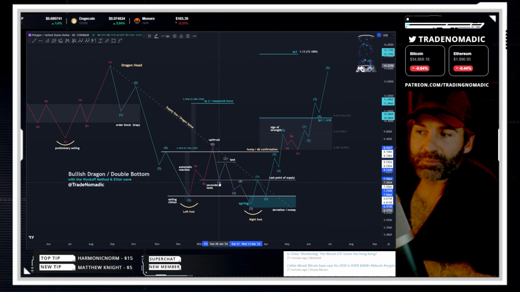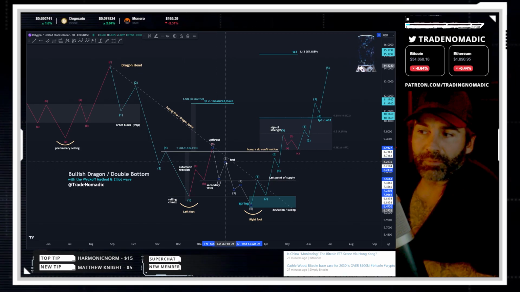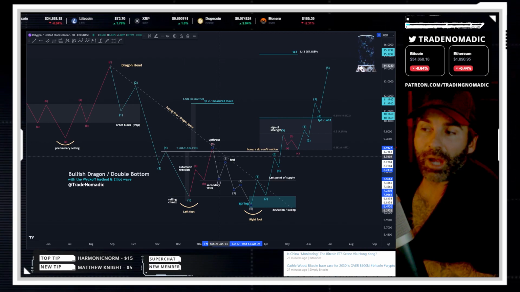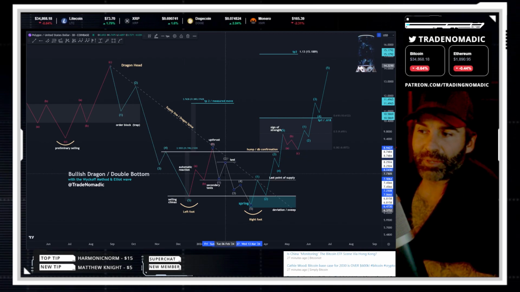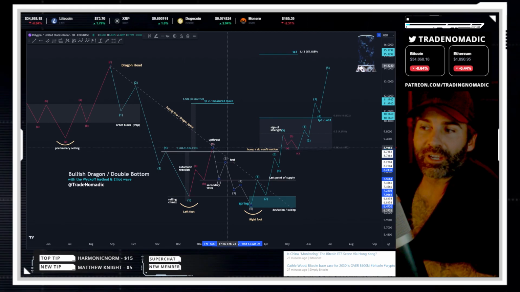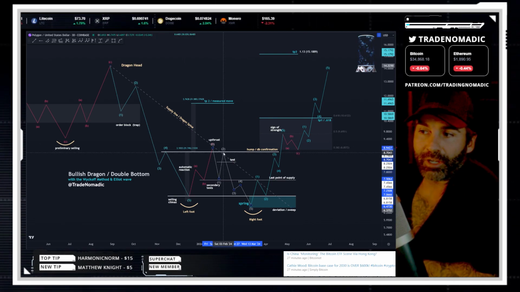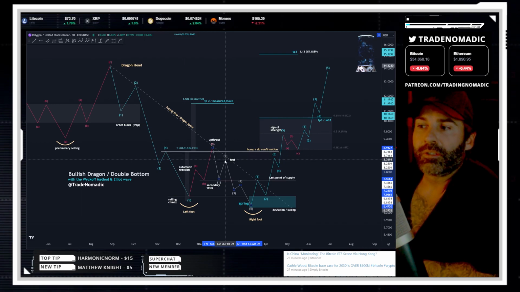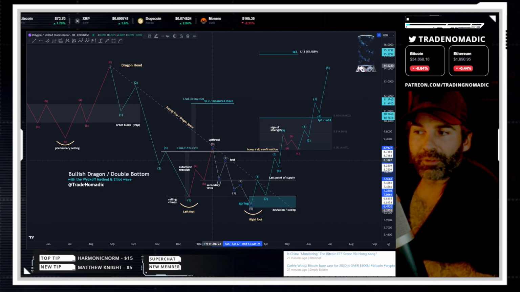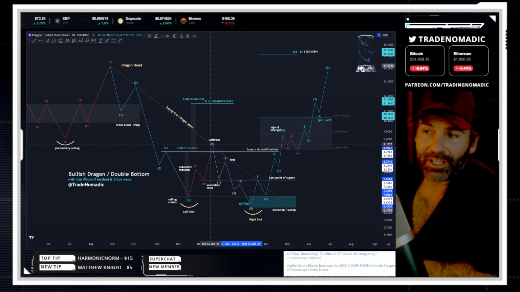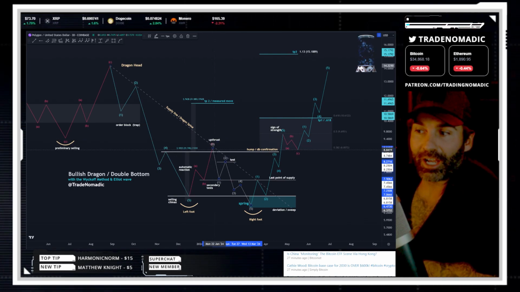And then you get this move up into the last point of supply, or a lower high here, and you get a test. That's basically saying, hey, let's try one more time to get back above the range, and you'll either get rejected at the range, or somewhere a little bit lower, but that's your test that says, hey, no, you're not going any higher. That upthrust was going to be your high.